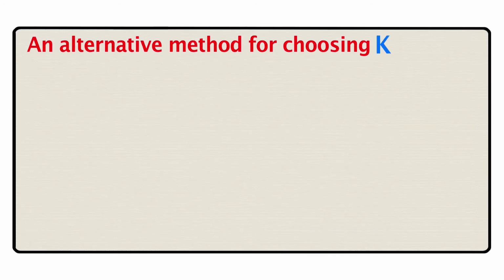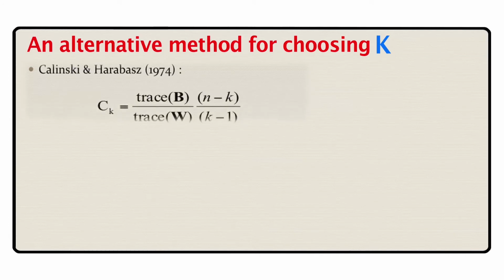An alternative method of choosing K is the Calinski and Harabasz method. In this case, they look at a statistic referred to as Ck. This is the ratio of the trace of B and the trace of W, multiplied by the ratio of the degrees of freedom, that is n minus k and k minus 1.